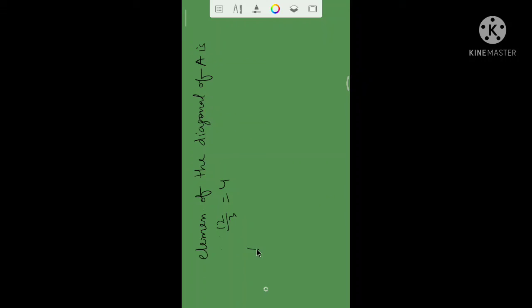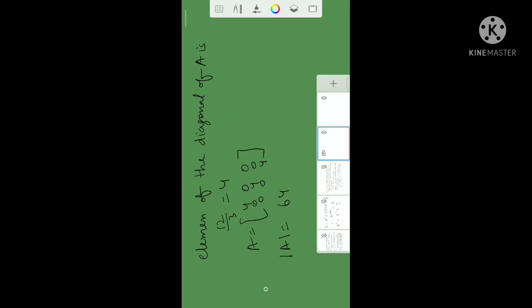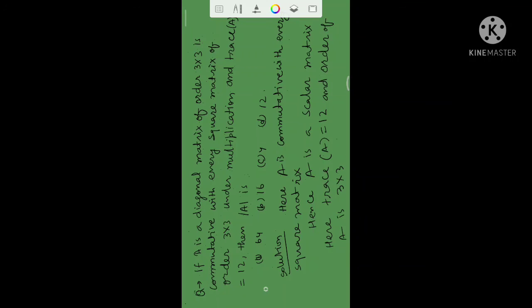So we can write A equals the matrix 4 0 0, 0 4 0, 0 0 4. Now what we have to do? We have to find the determinant of A, that equals 64. So my answer goes to option number A. So A is the correct option.